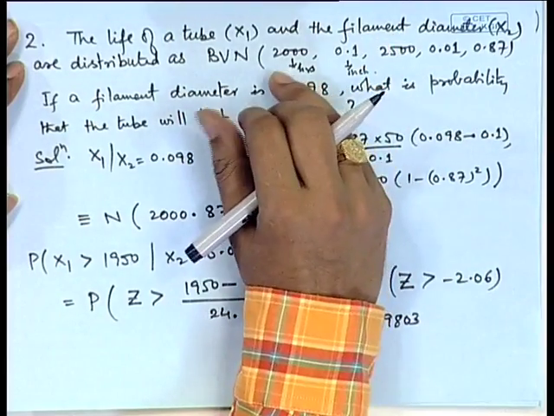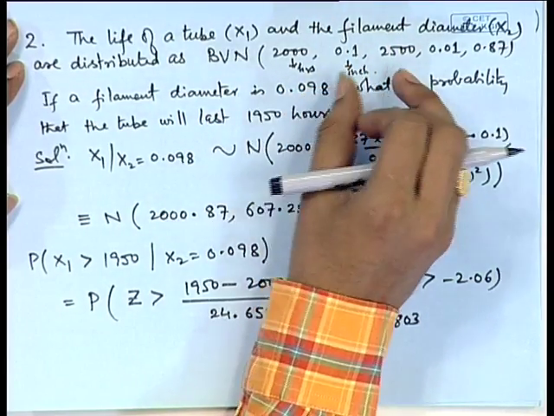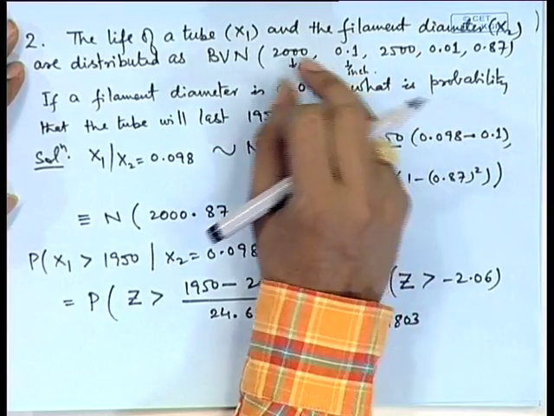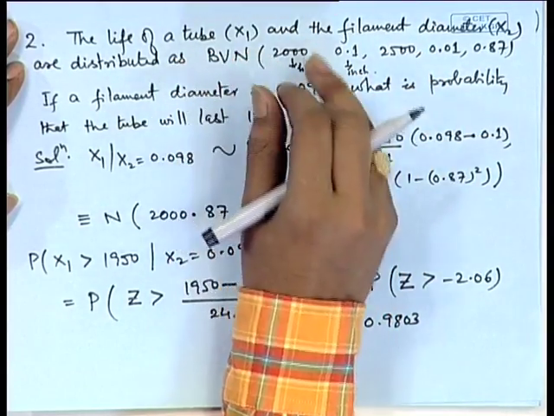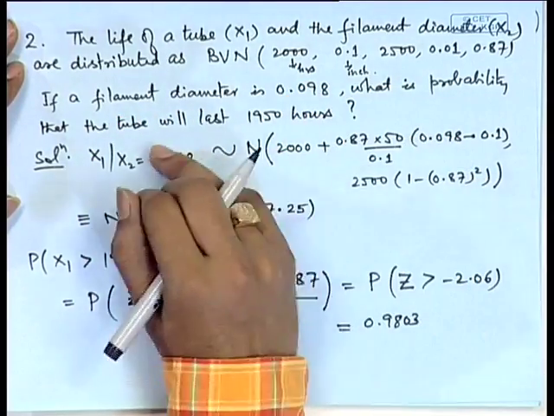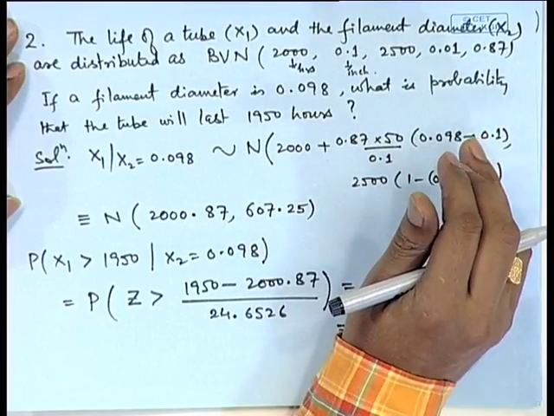So, the manufacturer may use the filament diameter, which can be measured, to estimate the life of the tube. If a filament diameter is 0.098, what is the probability that the tube will last 1950 hours?